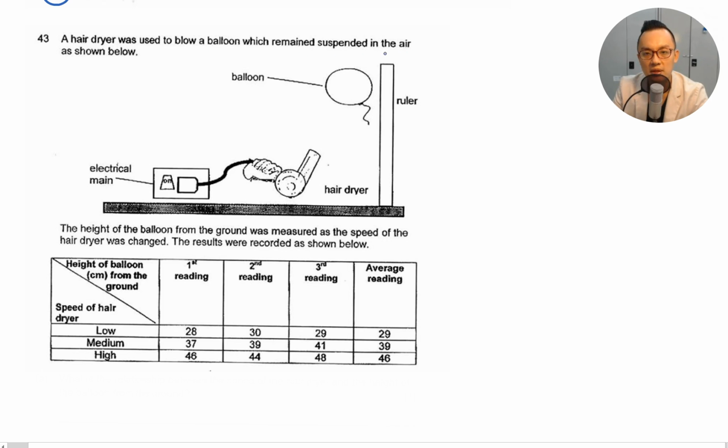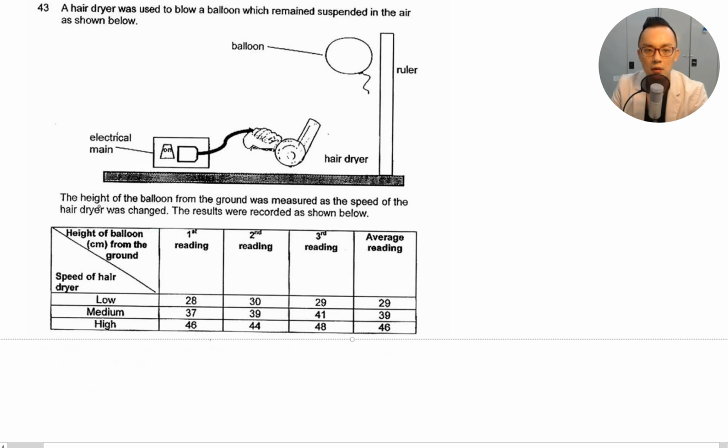For a balloon which remains suspended in the air as shown below, the height of the balloon from the ground was measured as the speed of the hairdryer was changed. The results were recorded as shown below. So the height, first reading is 28, low for speed, medium, high, and then you have 28, 30, 29, 29.